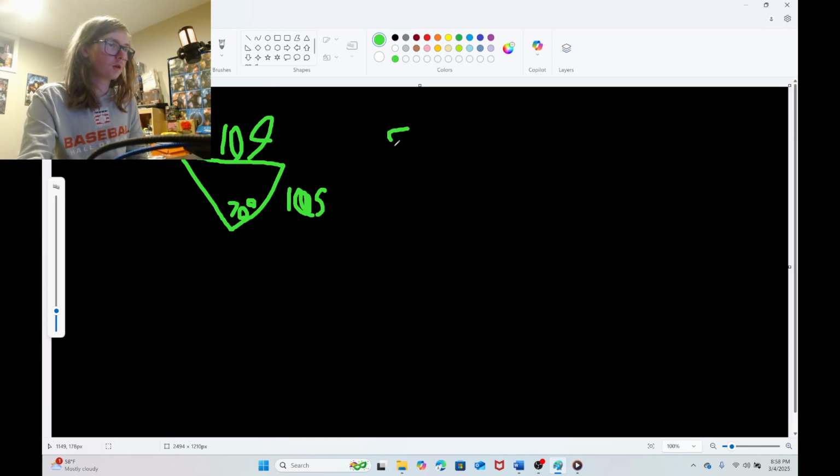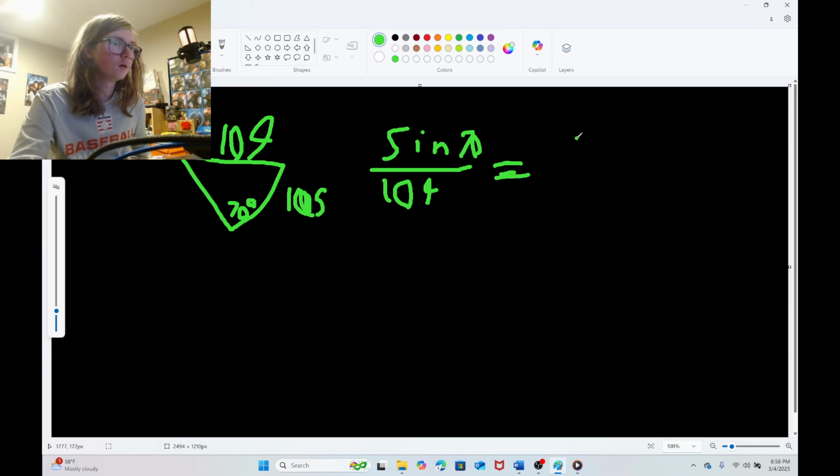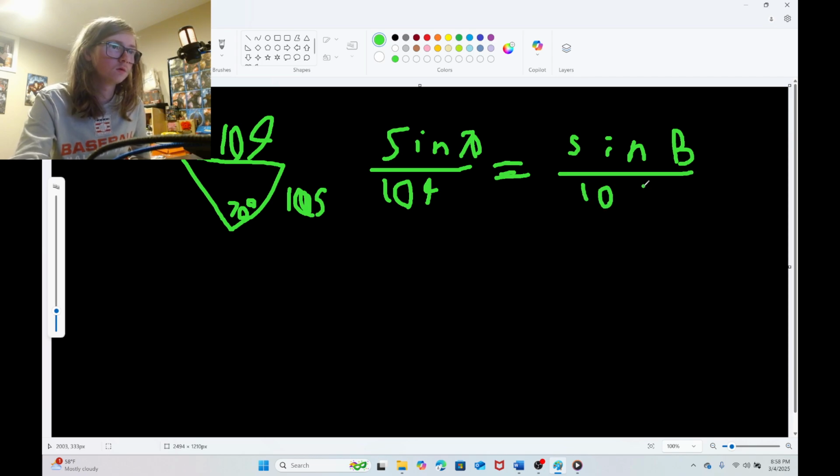Which gives us sine 70 divided by 109 equals the sine of angle B divided by 105.